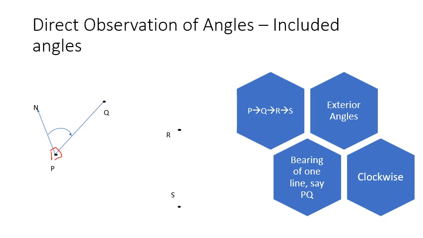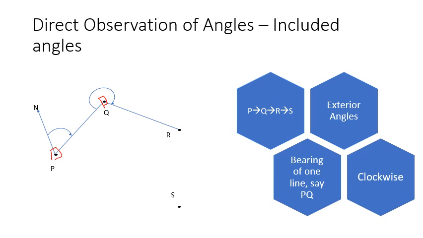Then we move to Q. The instrument is shifted to Q. Then we will be sighting to R, and before that we will be back sighting to P, and from there we take the angle to point R. So you get this angle.